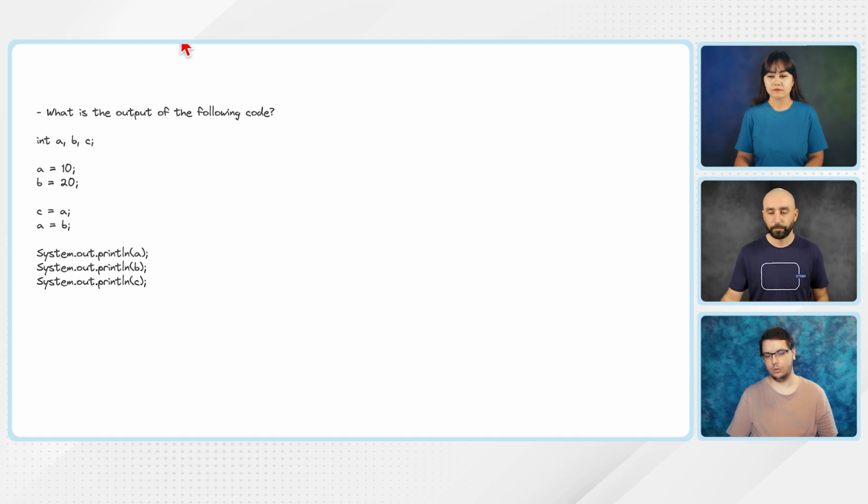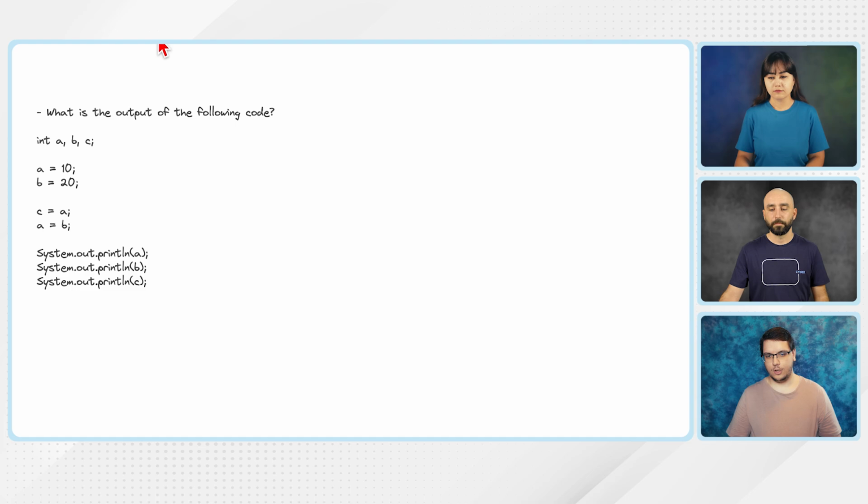Okay, so let me read it first. What is the output of the following code? So I see in the code it is creating three variables, integer A, B, and C, all of them in the same line.